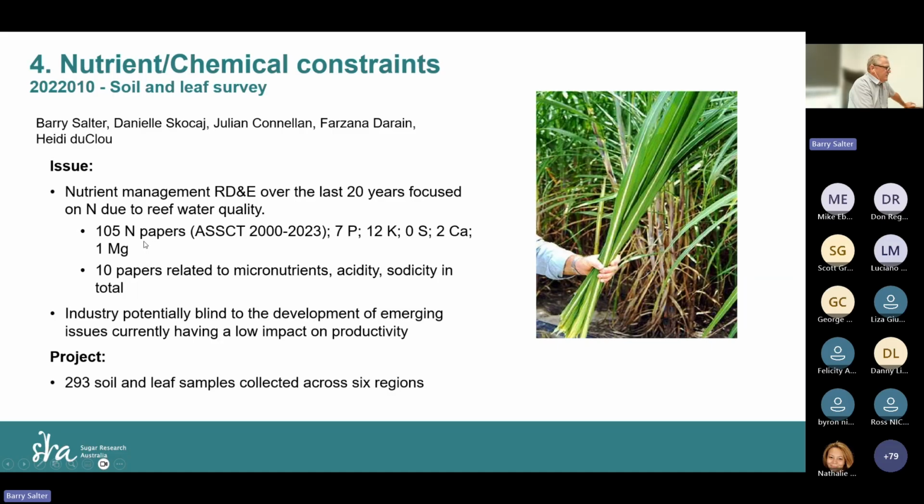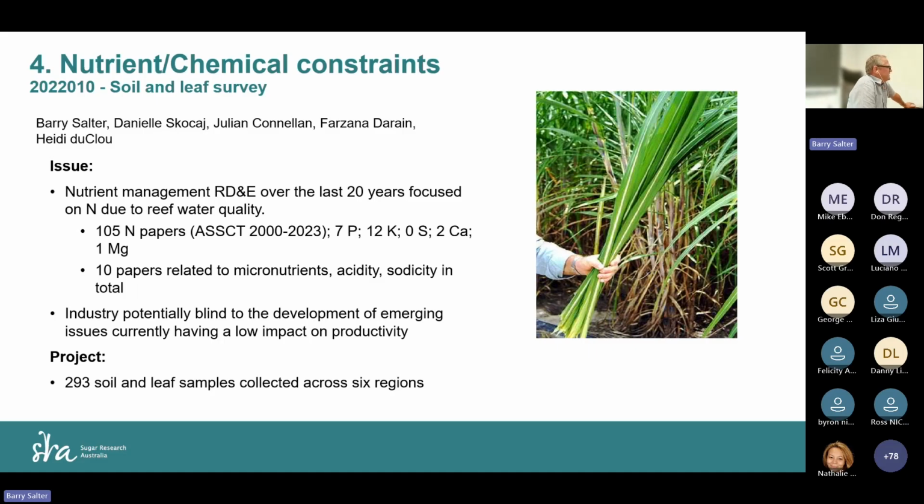I looked at the last 23 years of the ASSCT conference, and there were 105 papers written that had nitrogen in the title, but only 7 papers had phosphorus in the title, only 12 papers had potassium in the title, and so on and so forth. There were only 10 papers that talked about micronutrients, acidity and sodicity in total.